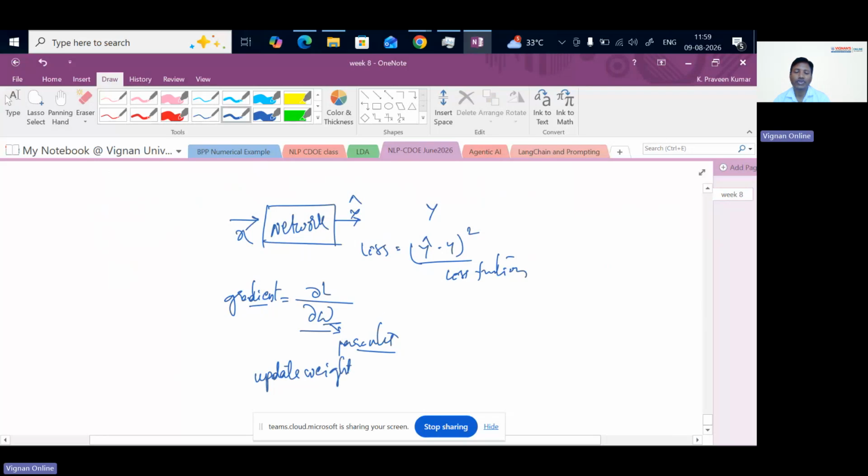So I am adjusting this weight: W new equals W old minus learning rate into dL by dW. This is the formula.